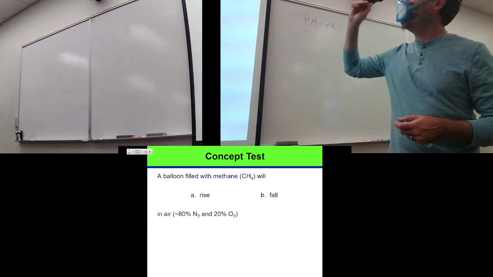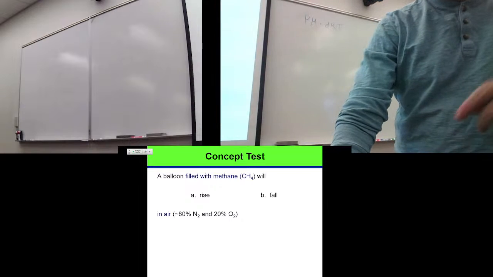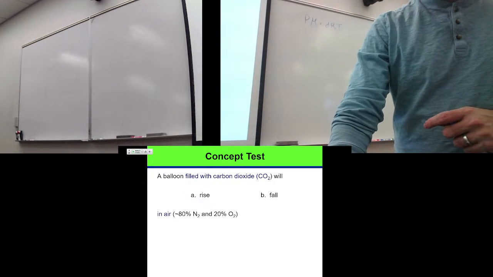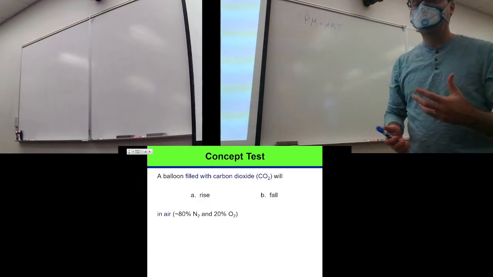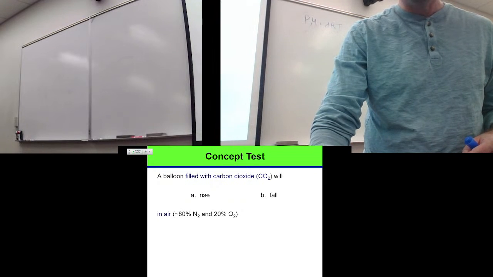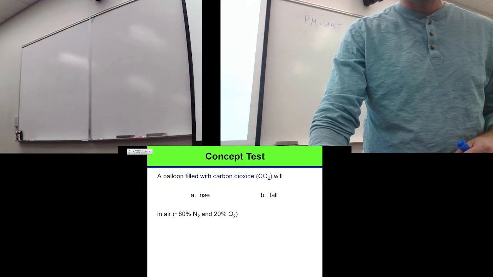That's why methane will float, since it's lighter than air, so it'll be less dense. And a balloon of carbon dioxide will sink because it's heavier than air. The molar mass is higher, and so we'll have a higher density.